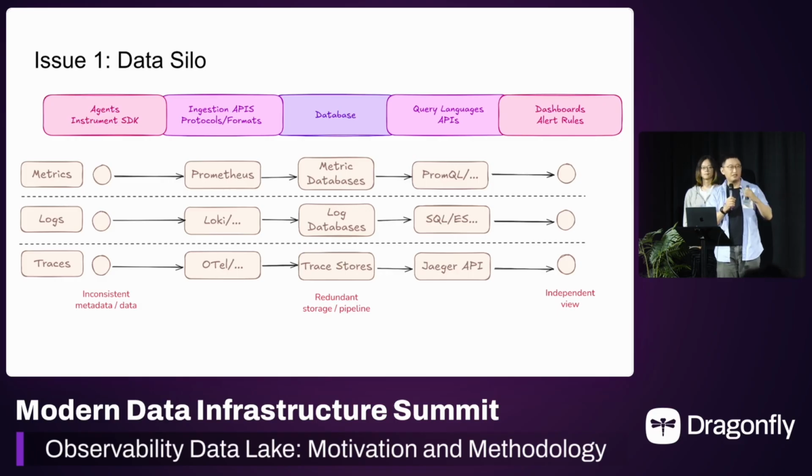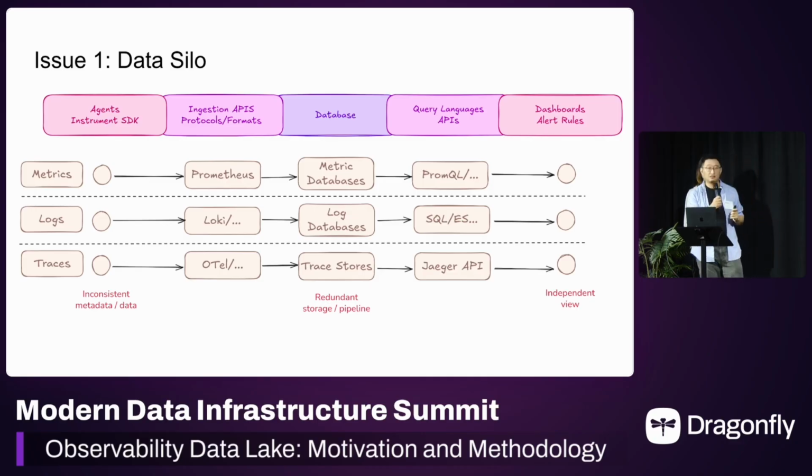Today we are talking about observability in the big data area. From the big data perspective, this is obviously a problem. You can say that the data is divided into 3 independent data silos. All the data is created, transported, stored, and queried independently. This is going to create some problems.